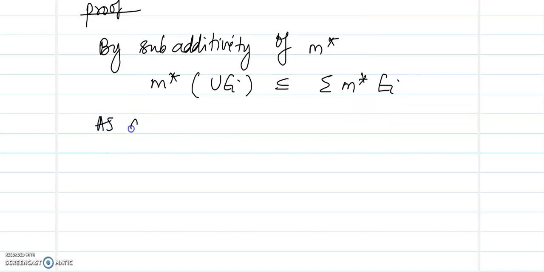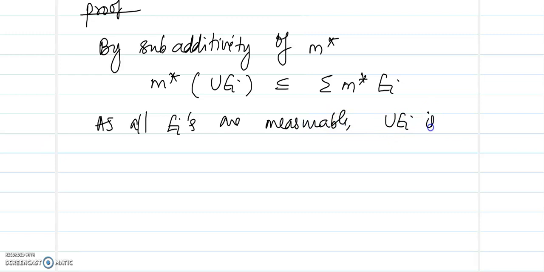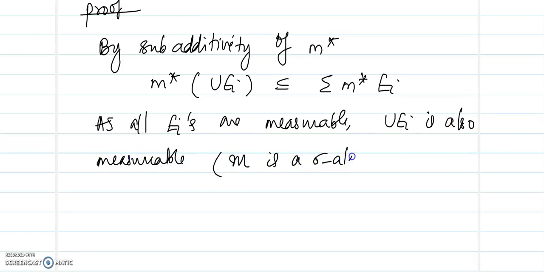So as all E_i are measurable, union E_i is also measurable. This is because script M is a sigma algebra, so if you take the union of measurable sets, the union is also measurable. Now we are taking m star over measurable sets.